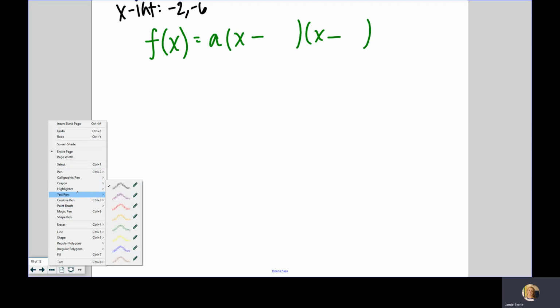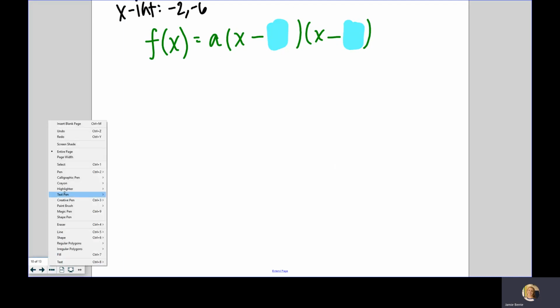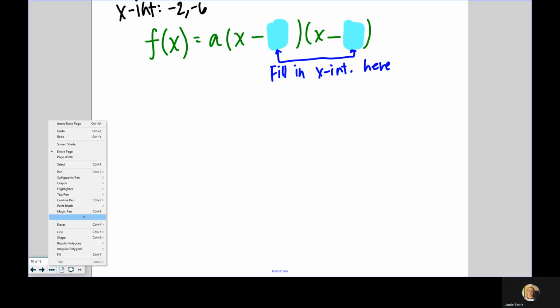You can see I have 2 little blanks, and those blank spots are going to get filled in with whatever your x-intercepts are. So we'll say fill in x-intercepts here. And then a is just some coefficient that we do not know yet. We're going to have to find it.